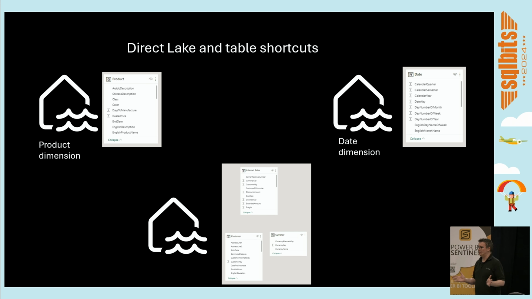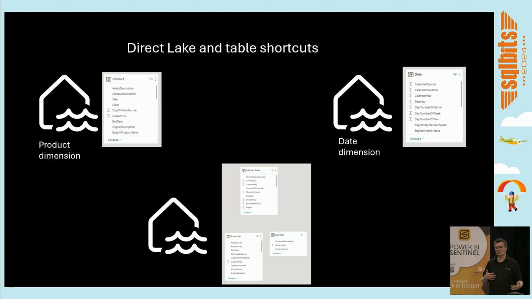It's got a date dimension table. How many date dimension tables are sitting around in your organization? Lots and lots of them. Now, they're pretty quick to refresh, but you have to refresh them every time. And maybe everybody's got a slightly different copy of the date table. Maybe somebody's created one, maybe somebody's created another.